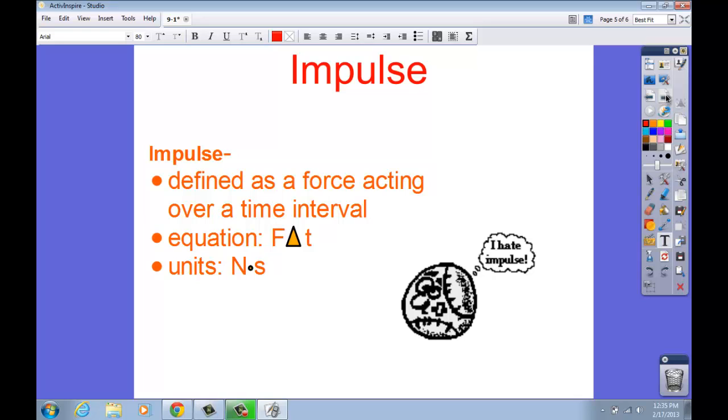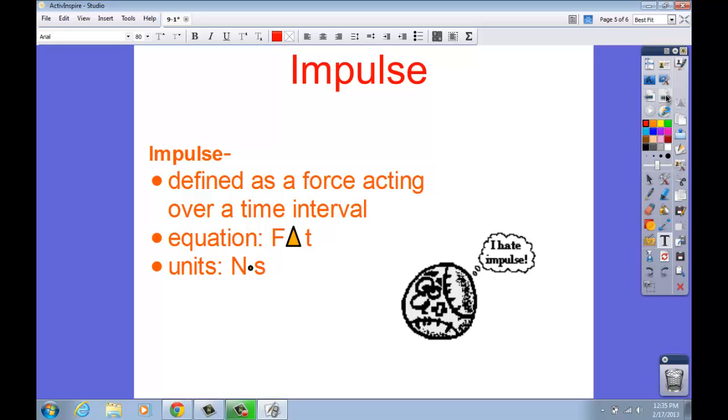And because a force is measured in newtons, and time is measured in seconds, the units for impulse are newtons times seconds. So we're just taking what we have already learned about force, time, mass, and velocity, and we're applying them to 2 new terms: an impulse, force times time, and momentum, mass times velocity.